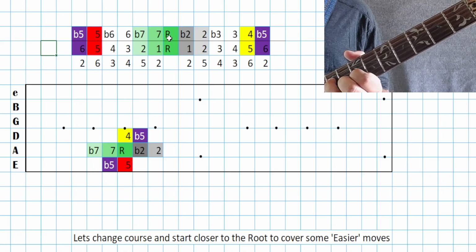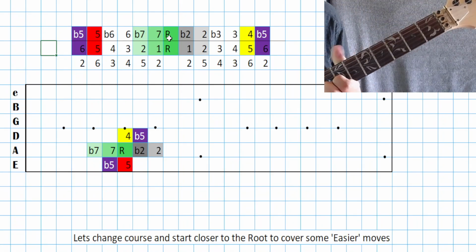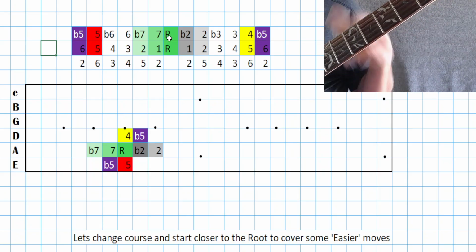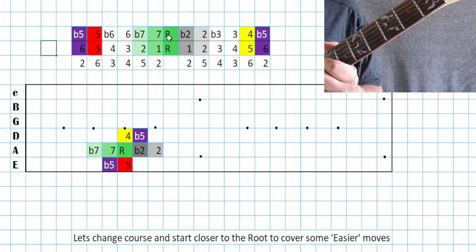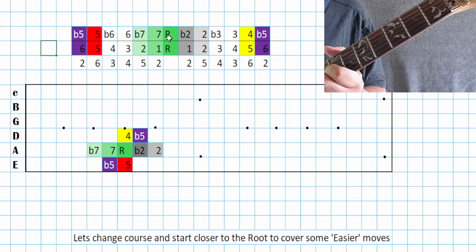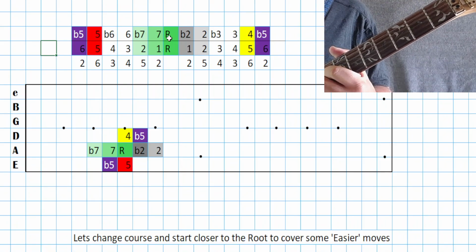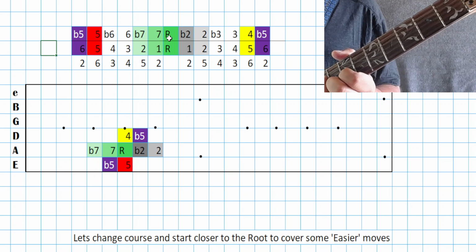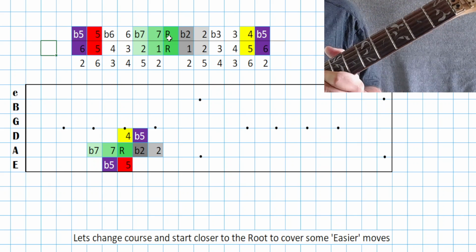And some of these might sound really alien when you hear them, especially when your ear is developed into something I was just playing before. It's not very common, but it does work.